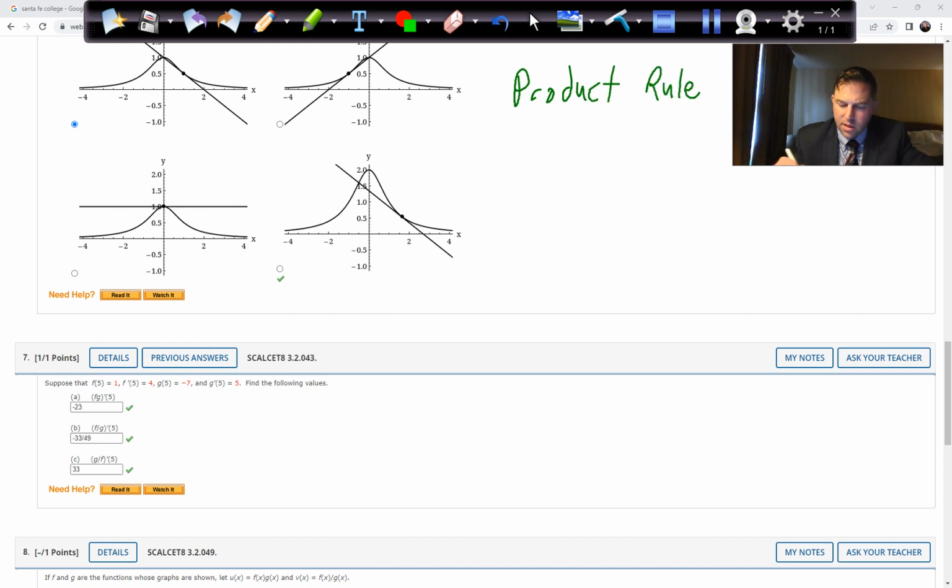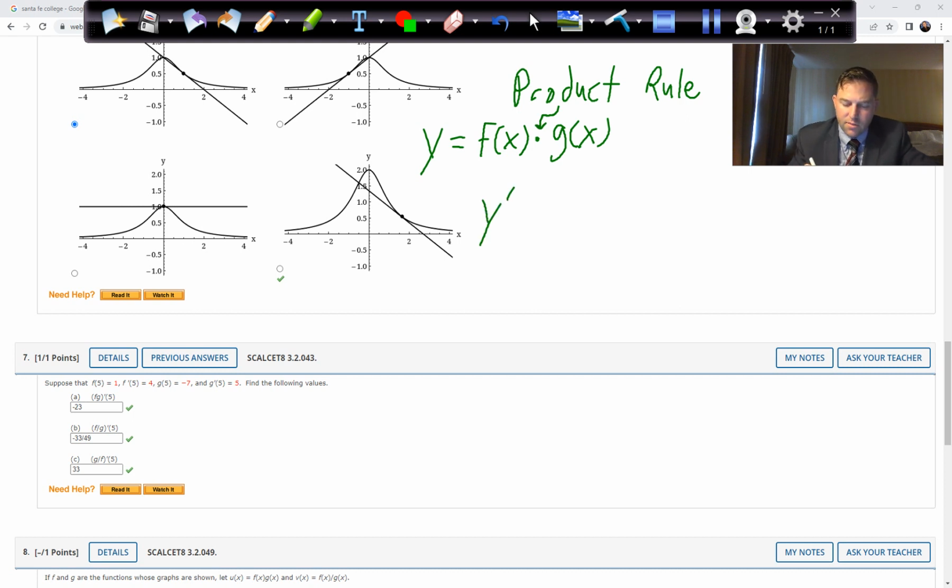So we looked at the case of two functions being divided. This is the case of two functions being multiplied. So we're taking a product of two functions, not a quotient.